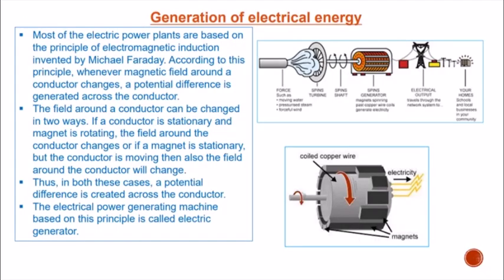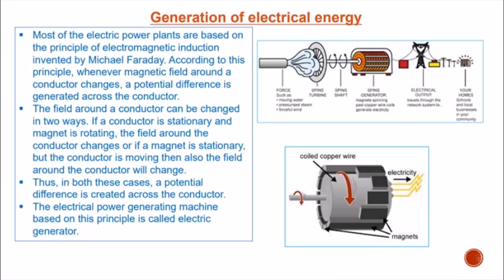Now, generation of electricity takes place in power plants, and the power plants are based on different principles of energy. The first that we are going to study is based on electromagnetic induction, the principle by which electricity is produced, given by the scientist Michael Faraday.